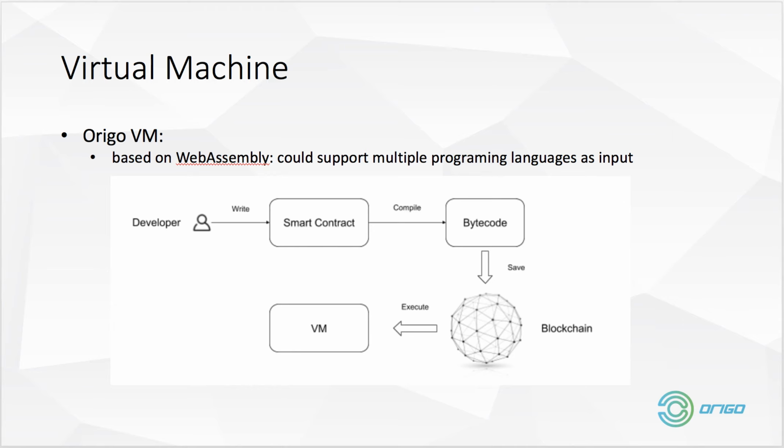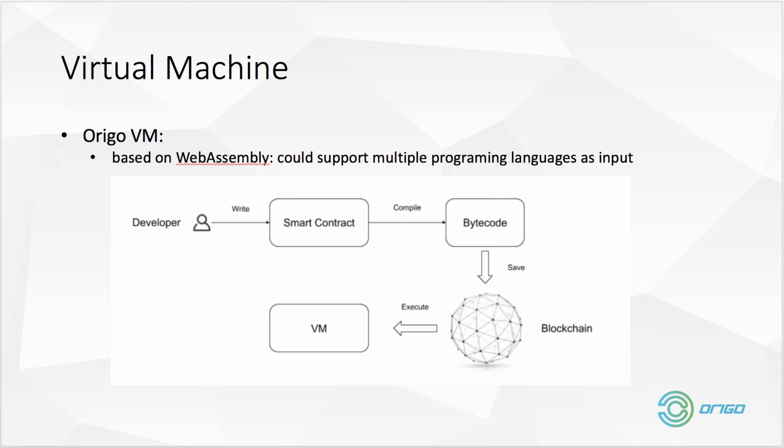So our design is based on WebAssembly. WebAssembly is a format, a standard, that lots of browsers and different environments can support. So this way it could support multiple programming languages as input.